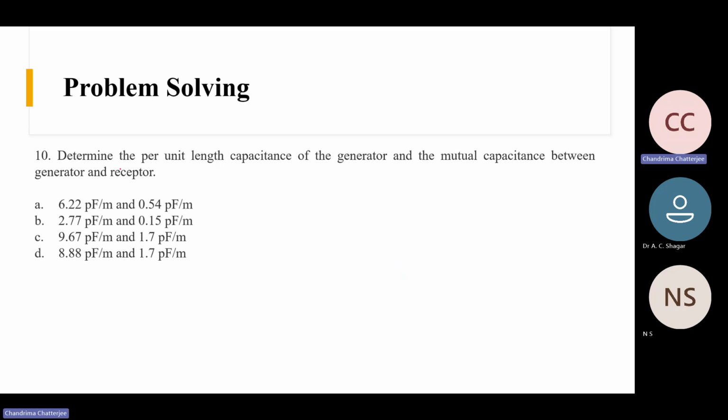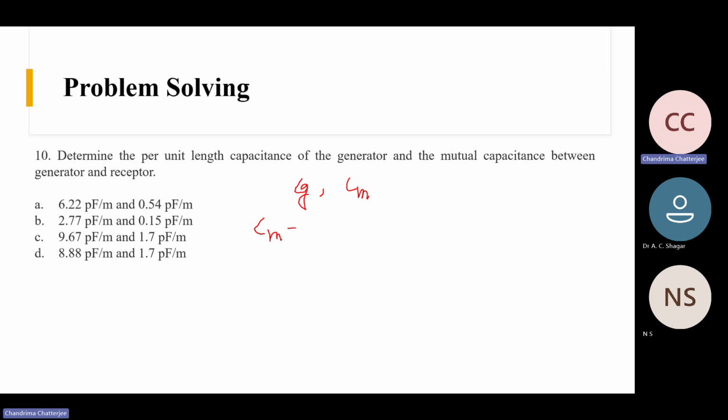Okay, so let's see the next question. Determine the per unit length capacitance of the generator and the mutual capacitance between the generator and receptor. So we are supposed to find out CG and CM, the generator capacitance and the mutual capacitance. That we can find out easily.